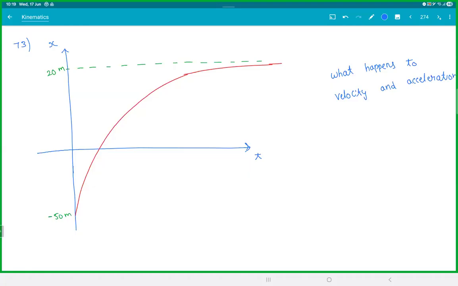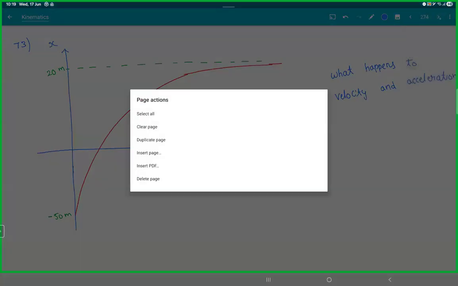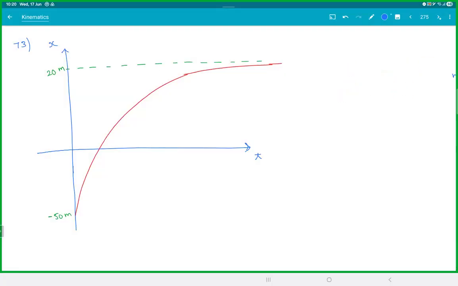You're done. Done. Oh, again, check out the slopes.